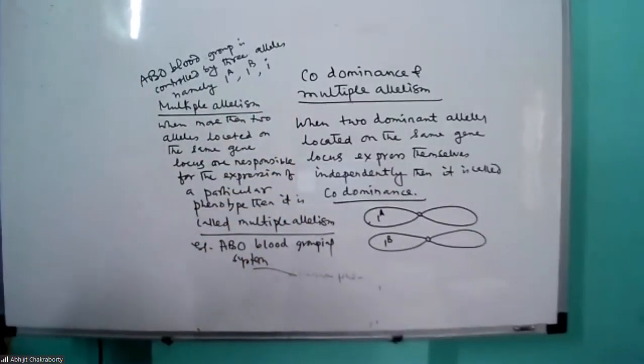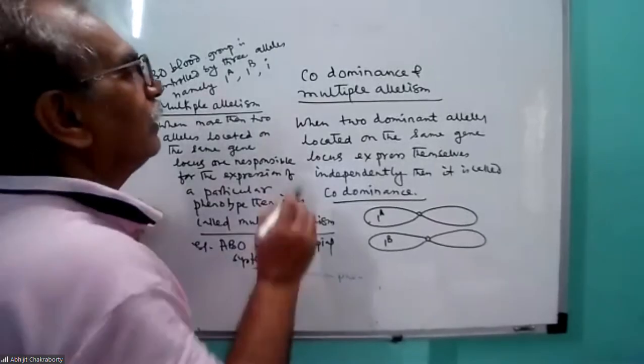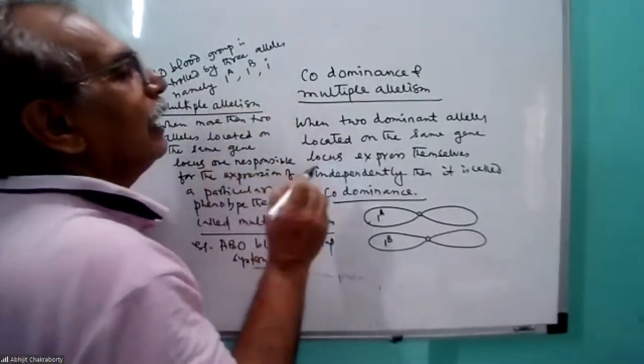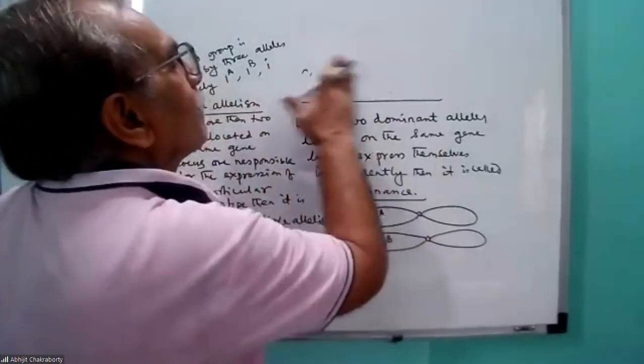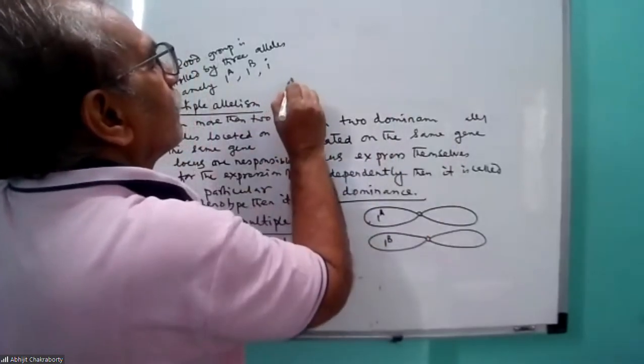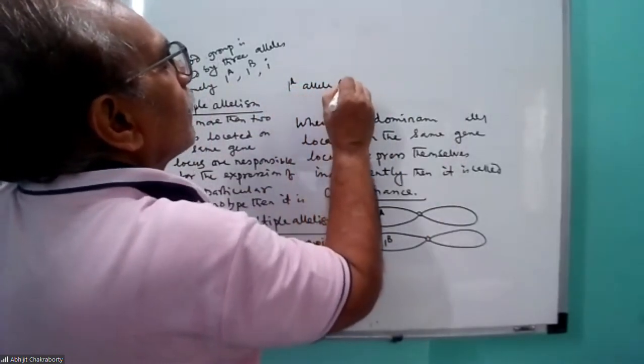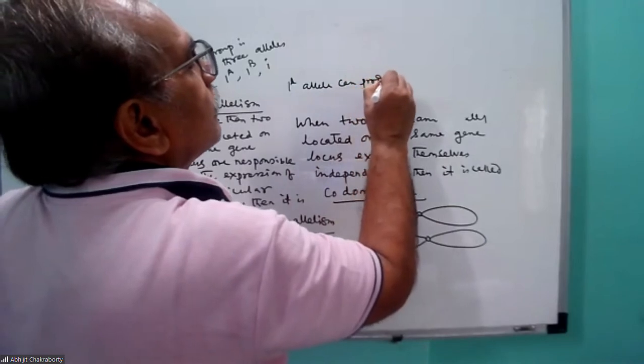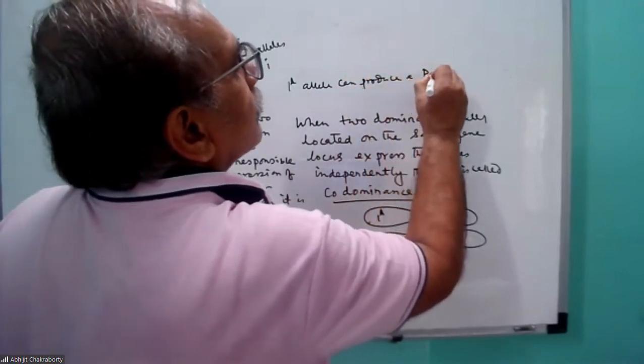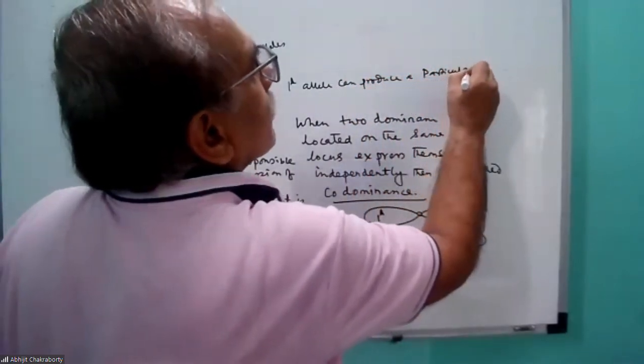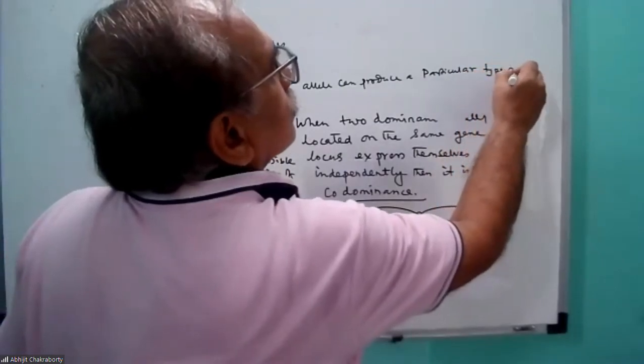Basically, there are three alleles. IA allele can produce a particular type of sugar.